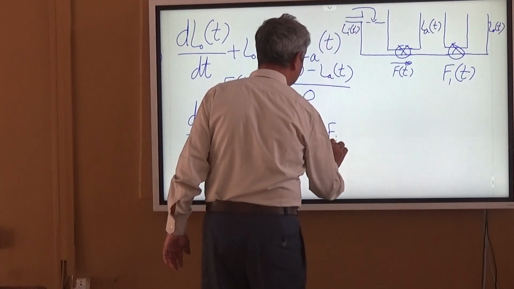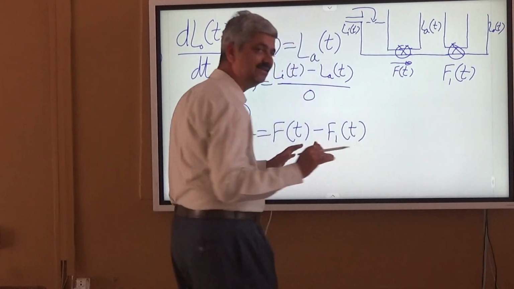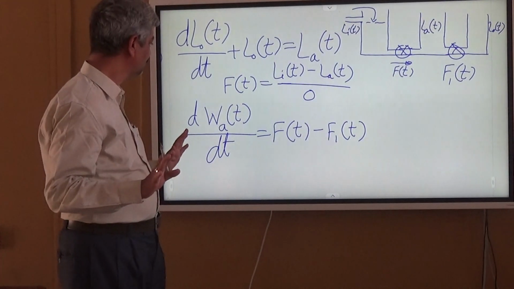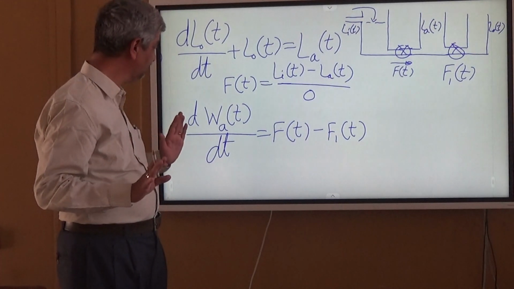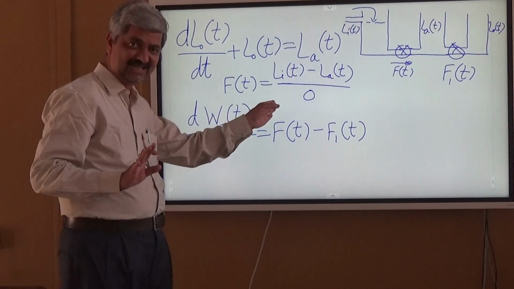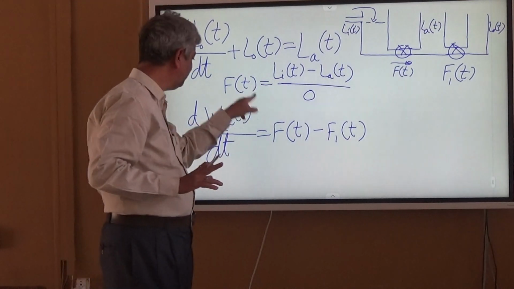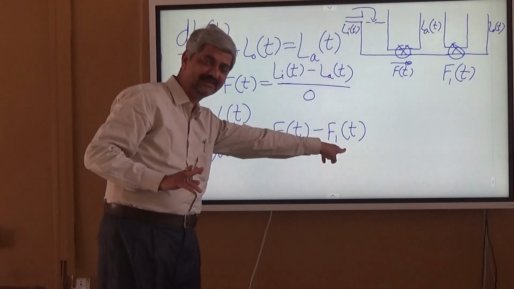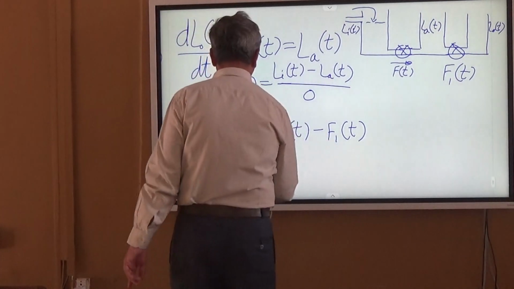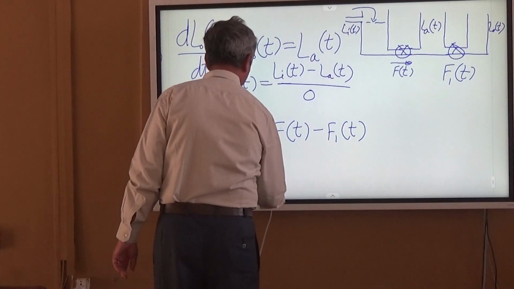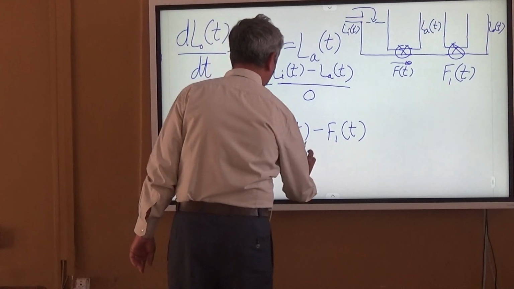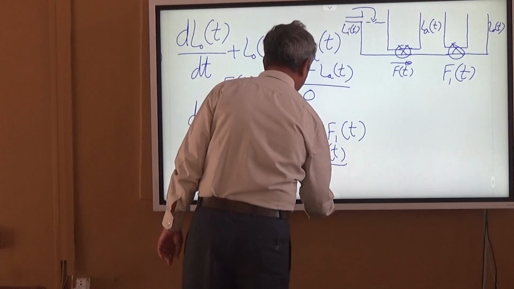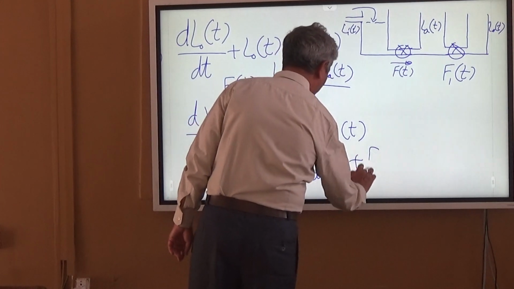Minus F1. So what is F1T we will discuss. But what is FT now? FT is dWAT by dt plus F1T.